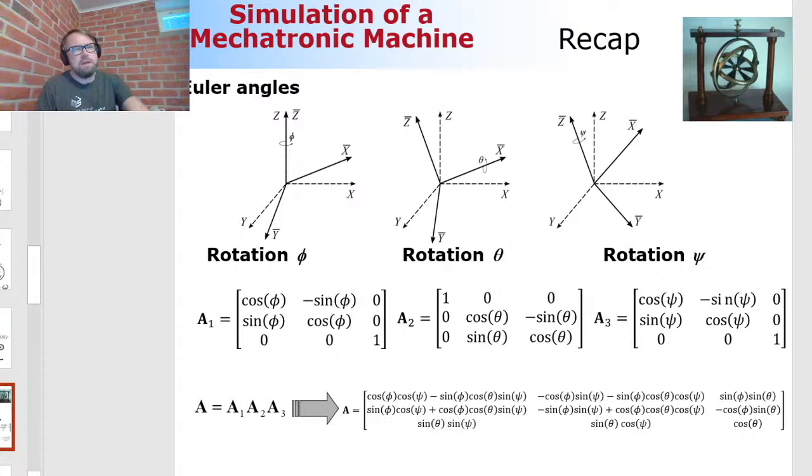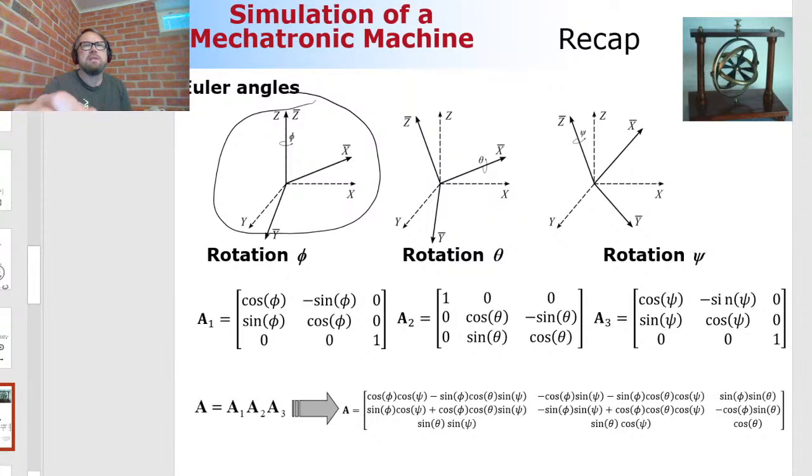Okay, so how it works, and the most often used sequence of rotation, is that we first start with two coordinate systems that are parallel with respect to each other. Then I introduce a rotation around the z coordinate axis. The amount of rotation is phi, psi, it doesn't matter what it is called, but this is the amount of rotation.